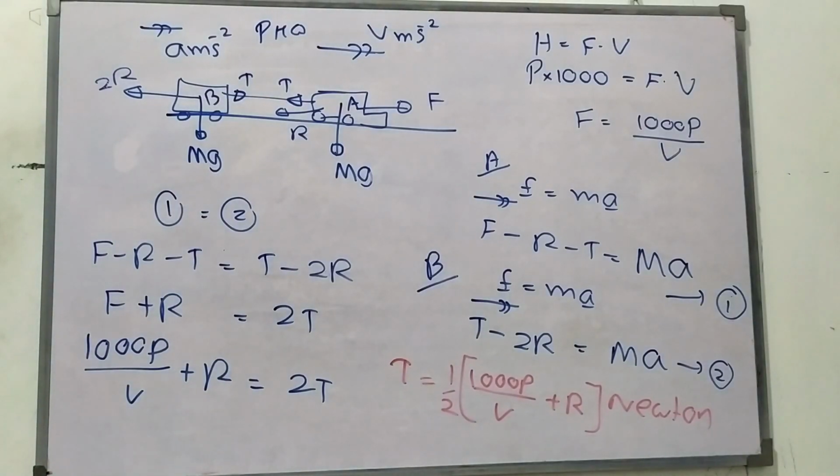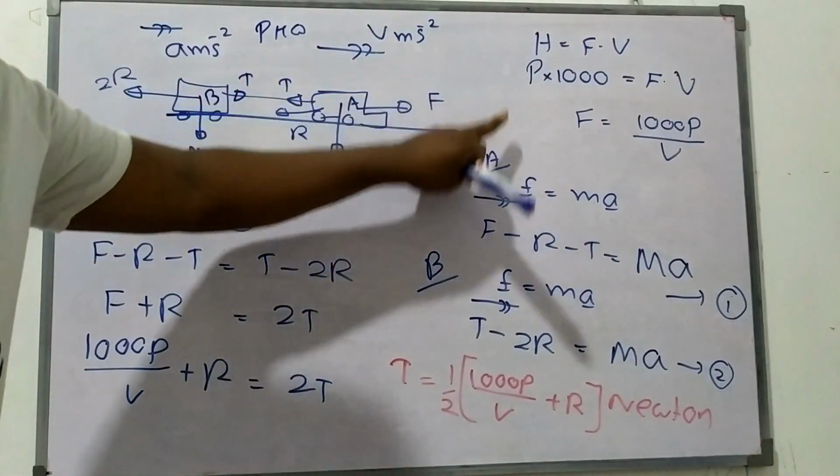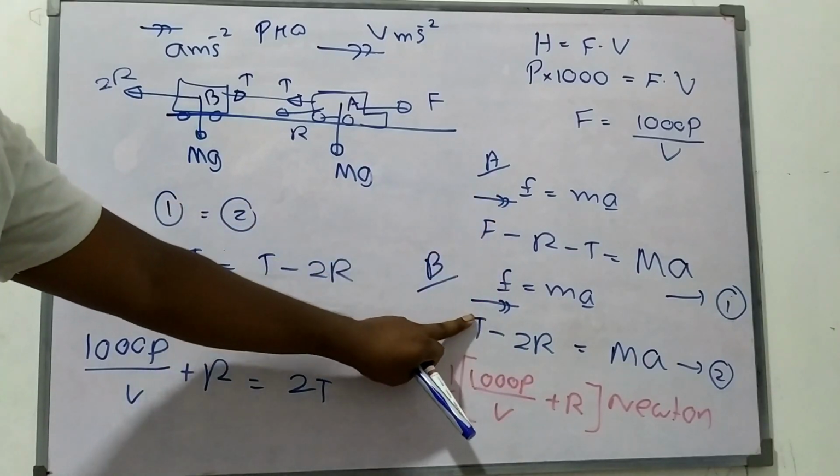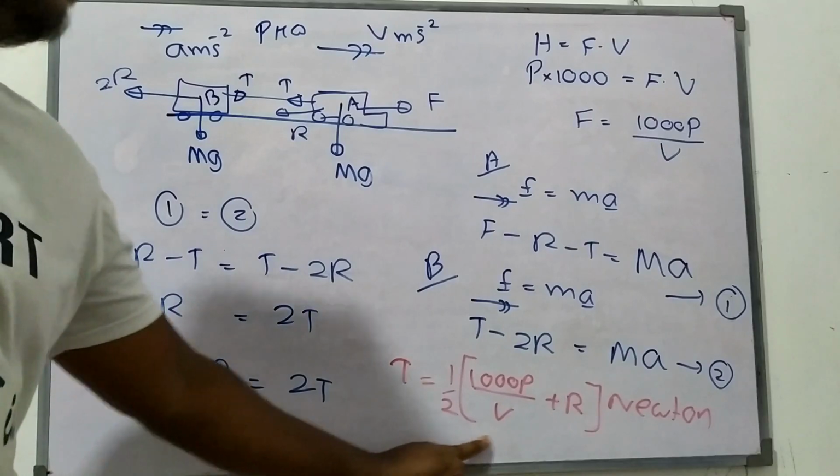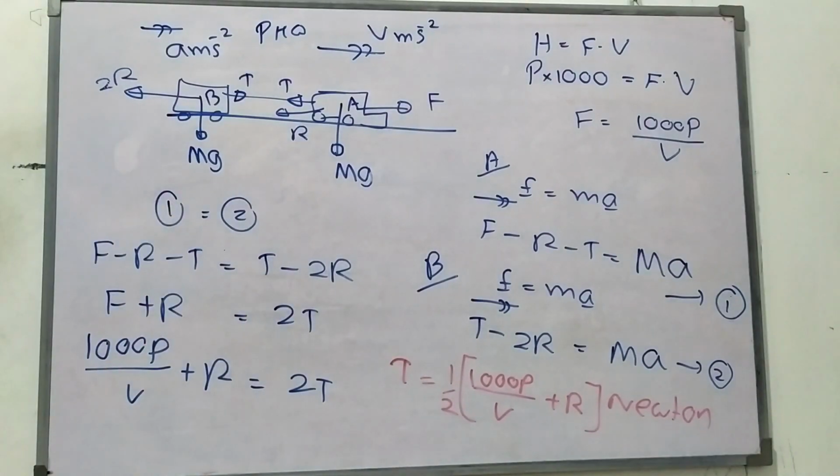So what I did, I used H equals FV first, and I applied F equals Ma here, and I substituted. I simplified it as simultaneous equations, and I got the tension. So this is the way of finding the answer for these kinds of situations.